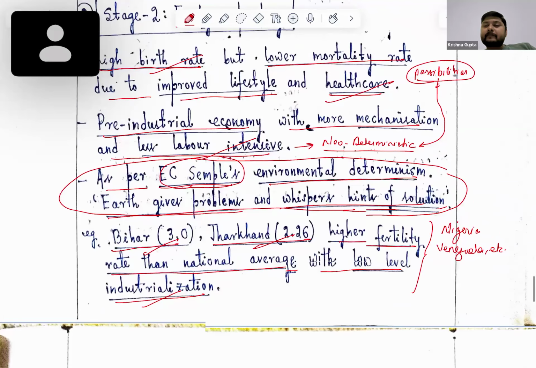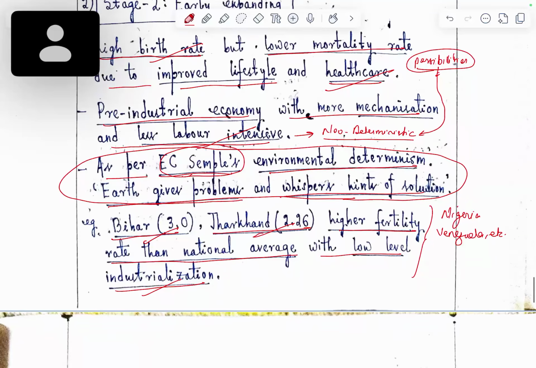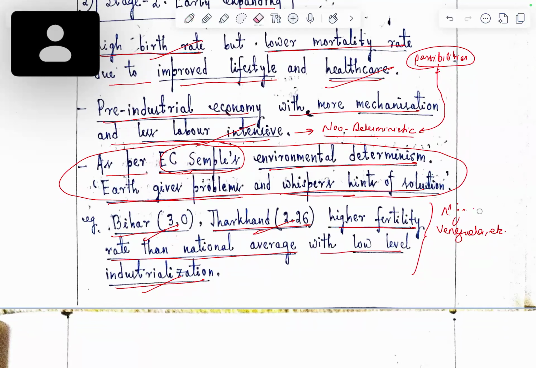Nigeria is, okay, sorry. Do I need to remember Nigeria's figure? Nigeria is 5.15, I think. Venezuela, I do not know. Venezuela, we can add here, but actually we can add South American countries which are in the second stage in the contemporary time. No, not this also.